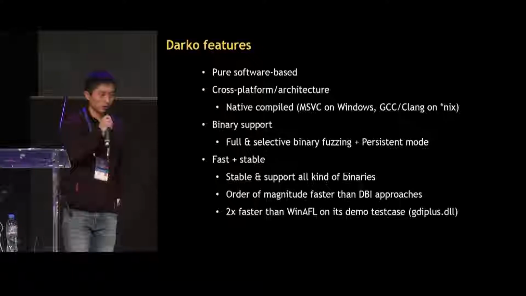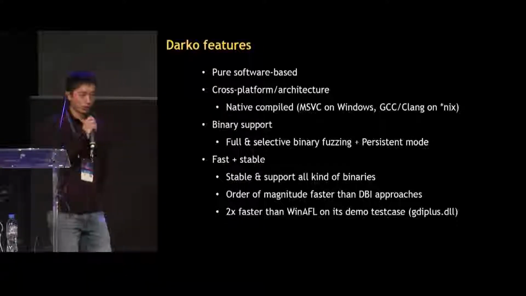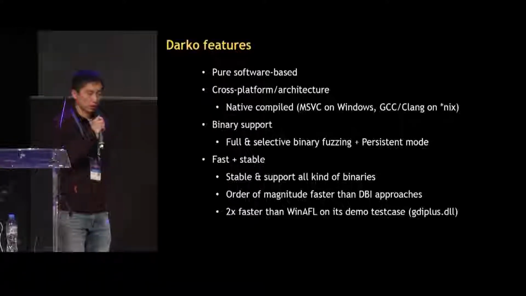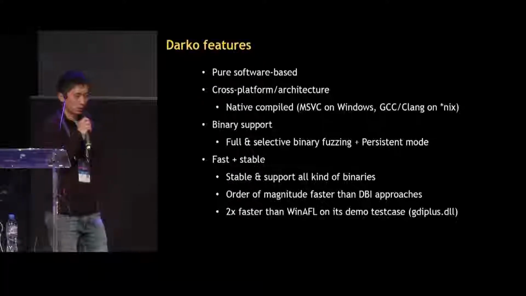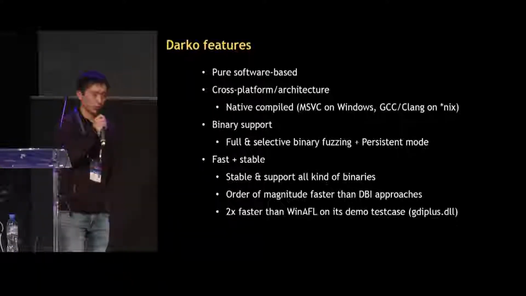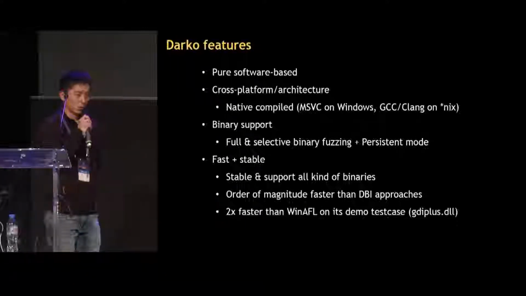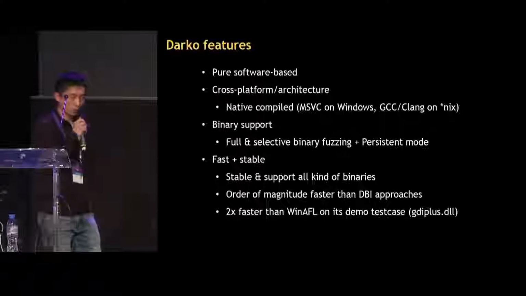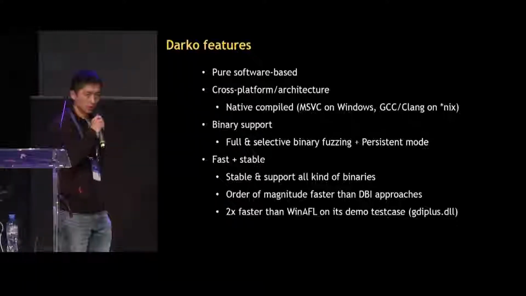Okay, so we intend to build it to be fast, stable and versatile. So far it's an order of magnitude faster than the DBI approach, because the emulation of the original binary will slow things down quite a bit. Unless, like WinAFL, the DBI approach works together with persistent mode.